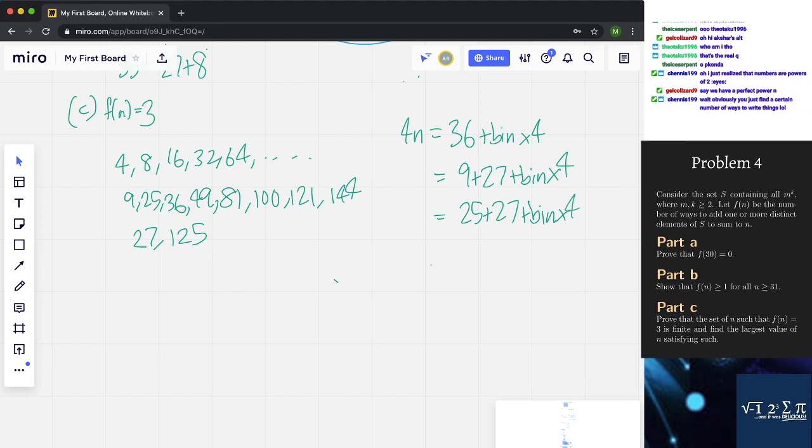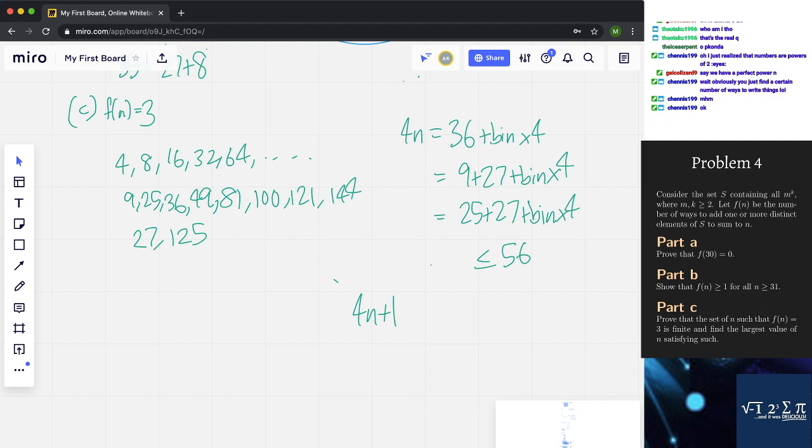A lot of numbers are powers of 2, and powers of 2 are good. So powers of 4 or multiples of 4 die basically if they're greater than or equal to 56. So this is less than or equal to 56. Okay, 4n plus 1. And this is going to die very easily.